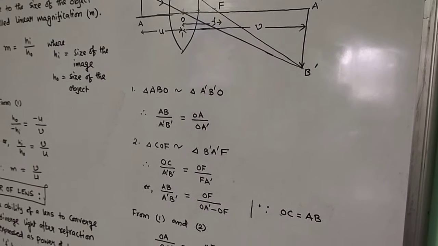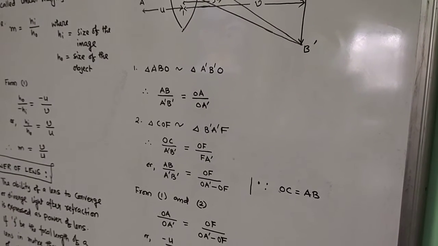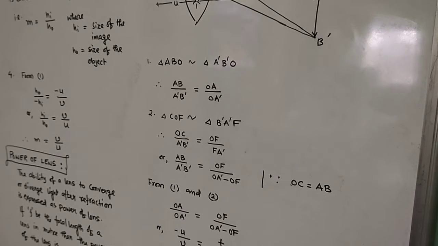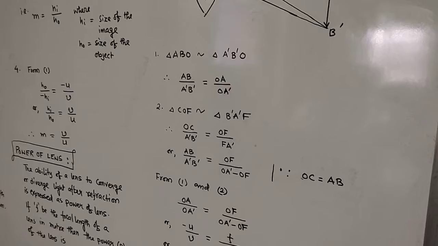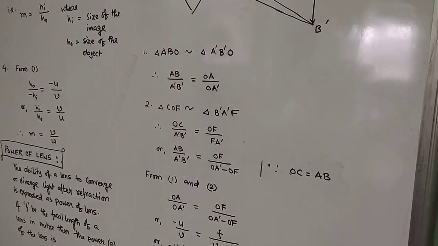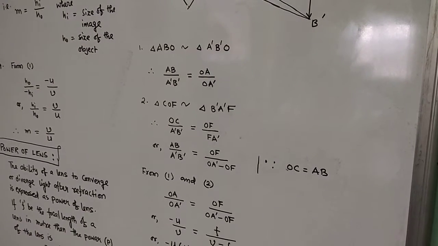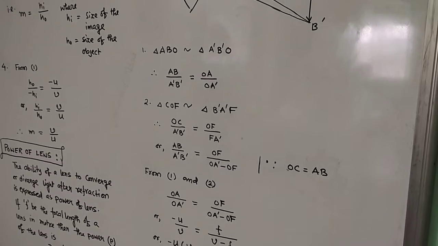Now you can equate 1 and 2: AB by A'B' is common. So OA by OA' equals OF by (OA' minus OF).